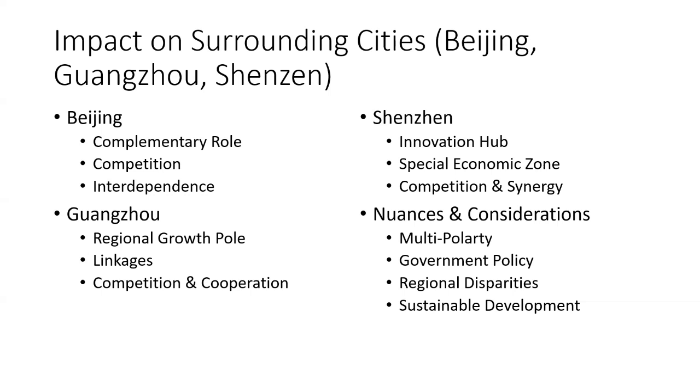Regional disparities. Growth poles can stimulate economic development but may also worsen regional disparities if the benefits are not shared equitably. And last is sustainable development. Growth pole development's environmental and social impacts must be considered, ensuring that progress is sustainable and inclusive.